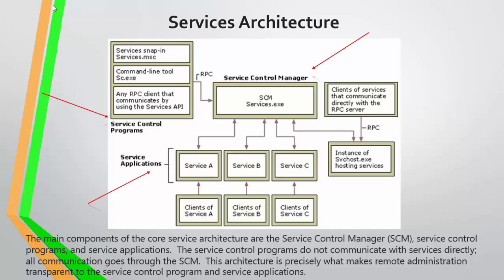The Service Control Programs do not communicate with services directly. All communication goes through the Service Control Manager. This architecture is precisely what makes remote administration transparent to the Service Control Program and Service Applications.